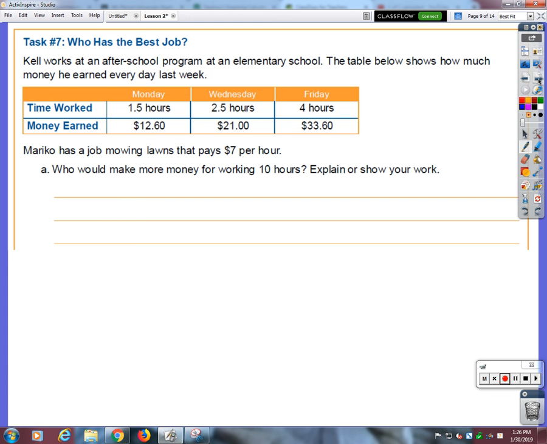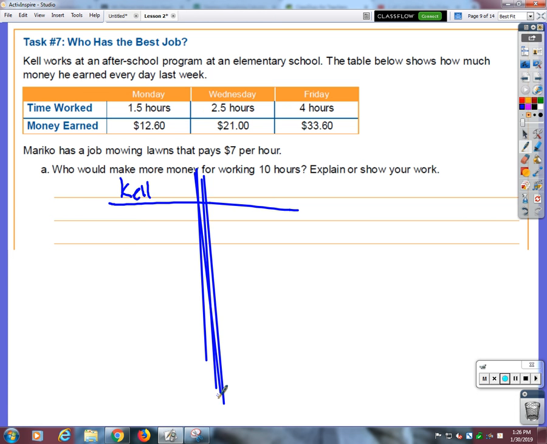So we got Kel, and we got Mariko. What do you know? Anybody got anything?